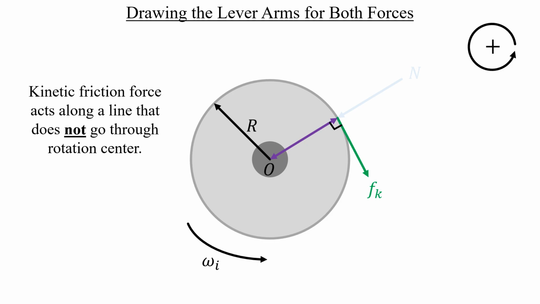So this purple length is the lever arm for the kinetic friction force. And notice, it's the same length as r. Thus, we can use the radius value in place of the lever arm variable. Very cool.